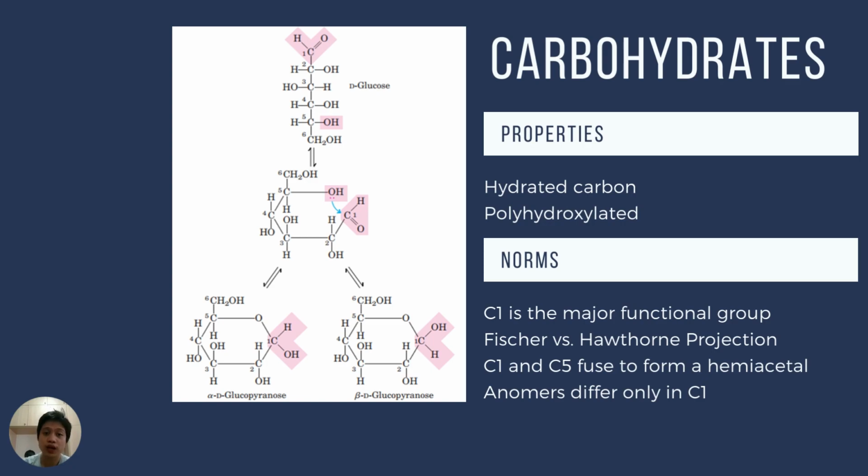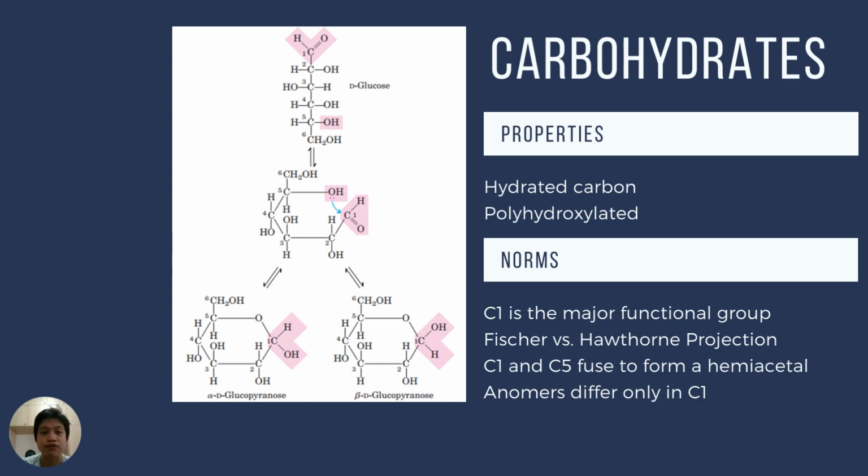Another property that we can look at in this image is that carbohydrates are polyhydroxylated. Again, take a quick look at glucose. You have 6 carbons of glucose, and for the majority of carbons here, carbons number 2 to 6, you will see attachments of hydroxyl group.